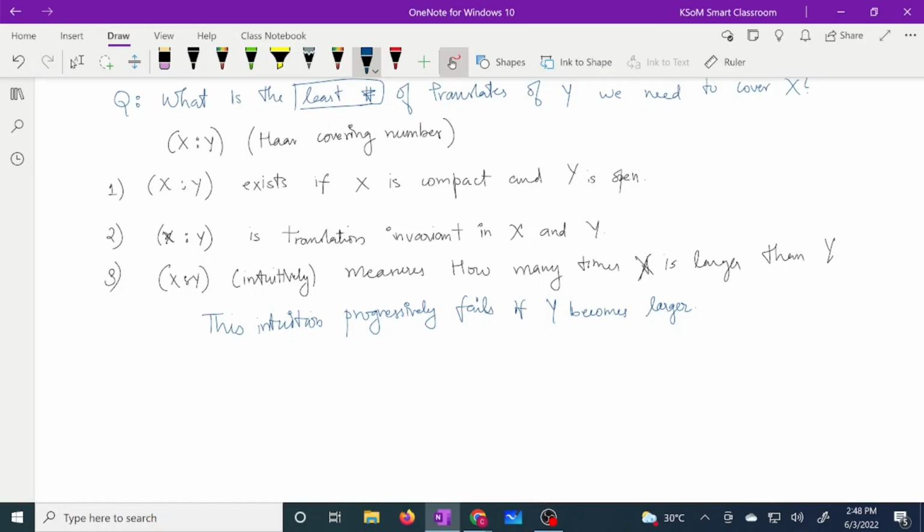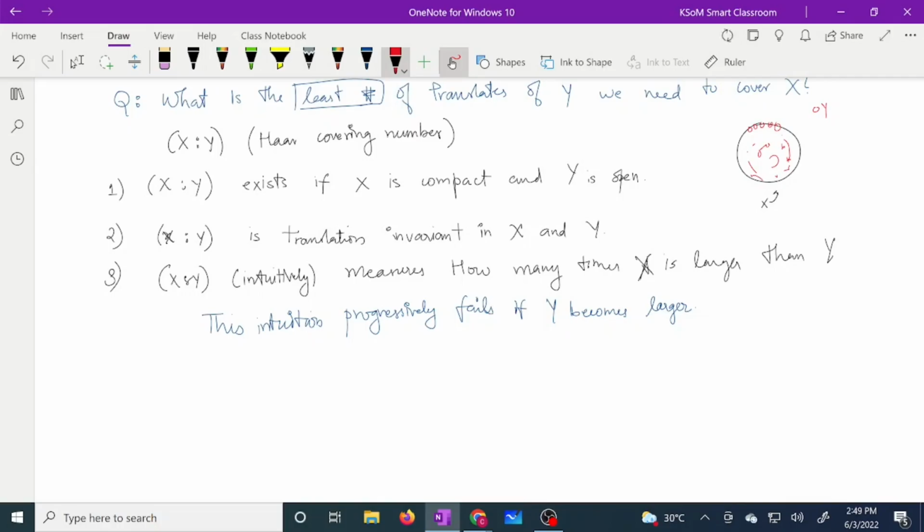let's draw a picture. Let's say this is my x, and if y is very large, then the intuition does not hold, that is clear. But let's say this is y, small y, and this is x. Now if I cover my x with y, let's say like this, I'm covering the whole space with small circles.